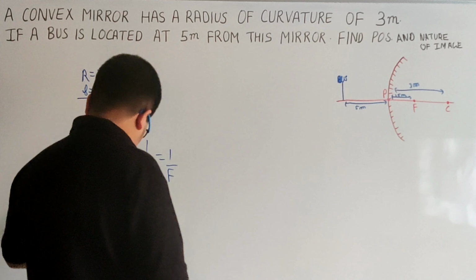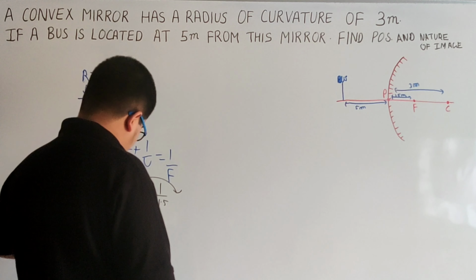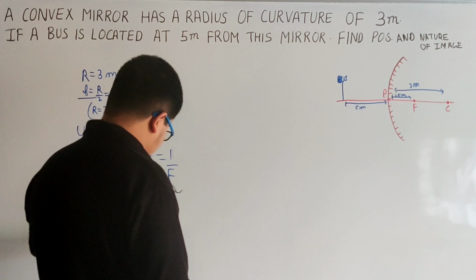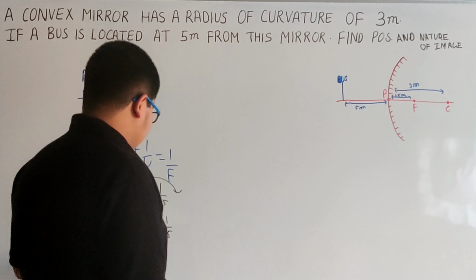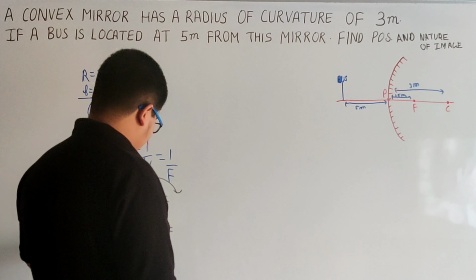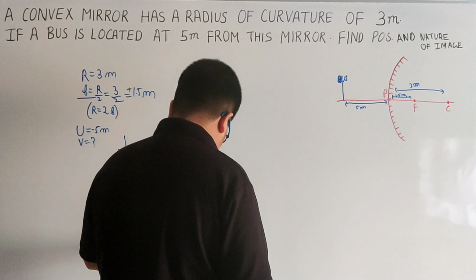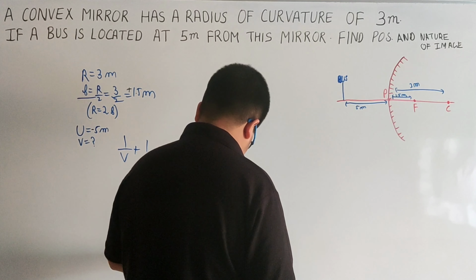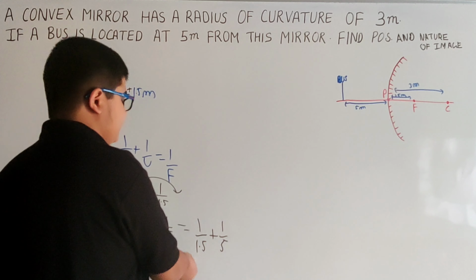Now if we take this to this side, we get that 1 upon v is equal to 1 upon 1.5 minus 1 upon minus 5. As there are two minus signs, both of them will get cut and you will get a plus sign. So basically 1 upon v is equal to 1 upon 1.5 plus 1 upon 5. Now we just have to solve these fractions and do the sum.